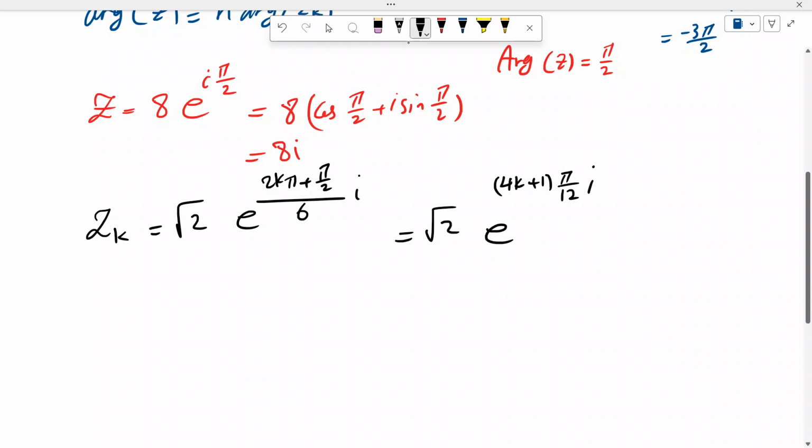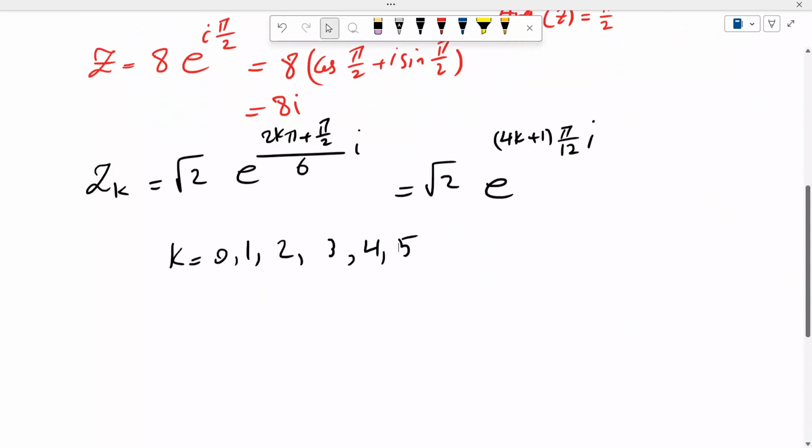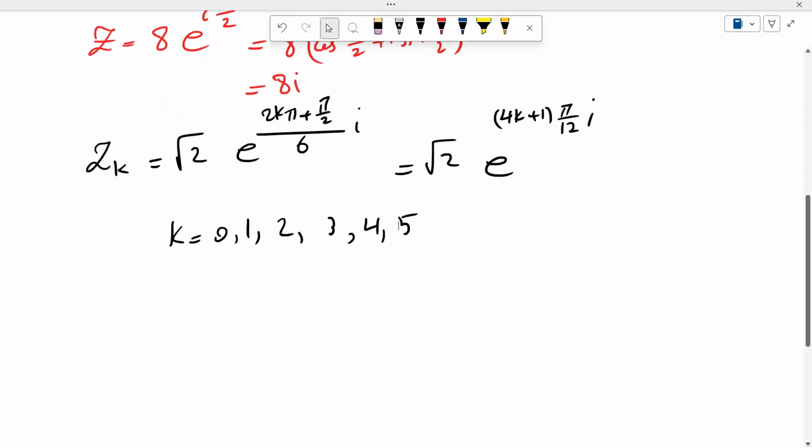So if I give different values for k, 0, 1, 2, 3, 4, and 5, the other 5 roots that we are finding as 6 roots of z are going to be, theta k, if k is 0, it is pi over 12. If k is 1, it is 5 pi over 12.